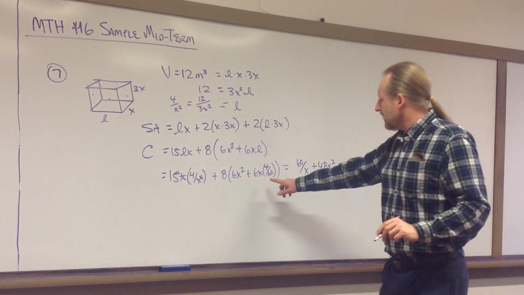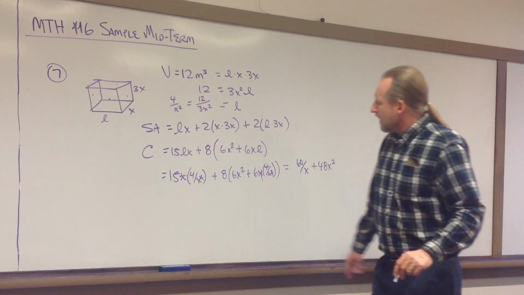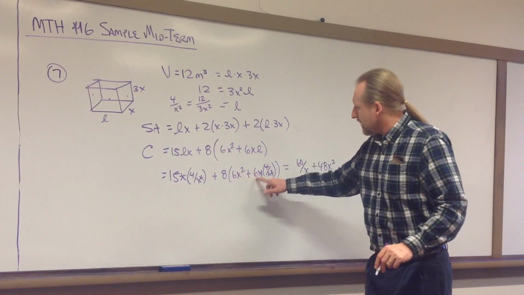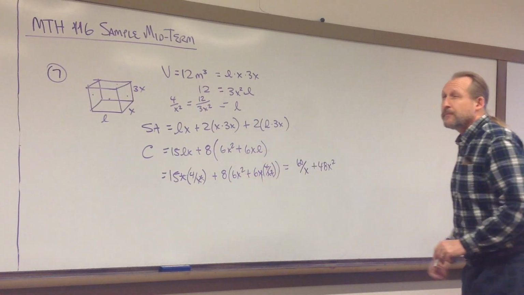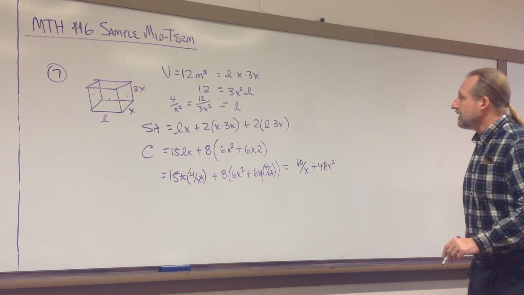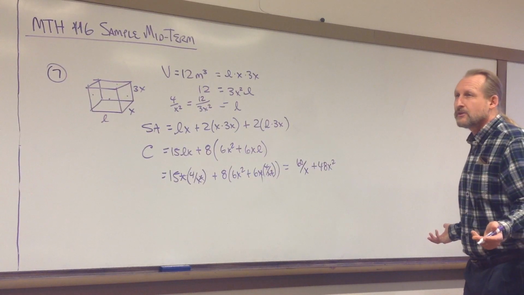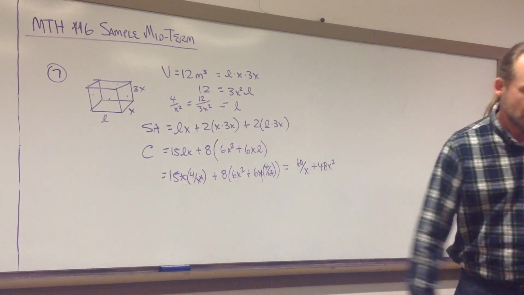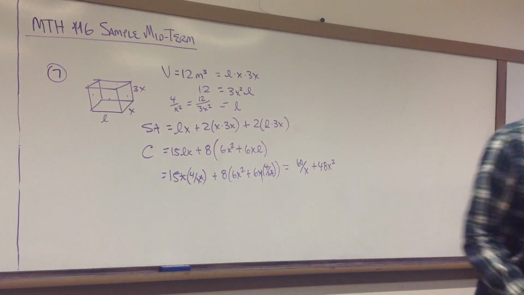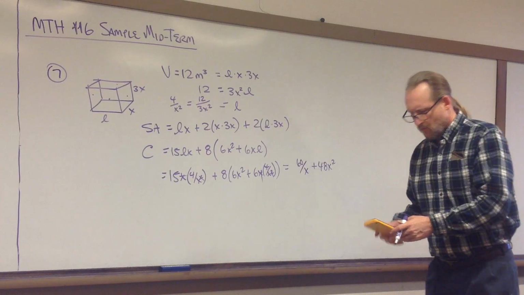And then over here, let's see, this x cancels out one of those x's. And then we're going to get 48 times that 4 up there. What is that going to be? 160 and 32. Is that 192? Let me double check that. 192.